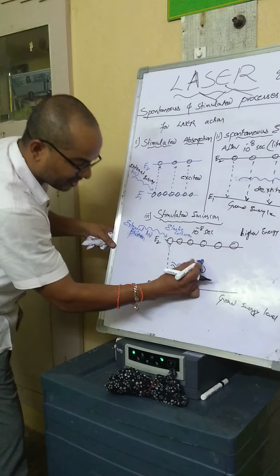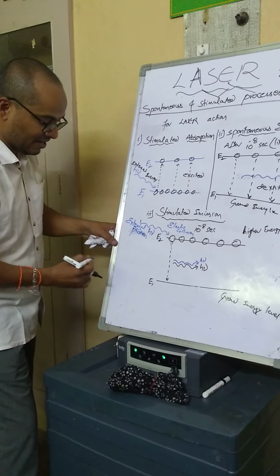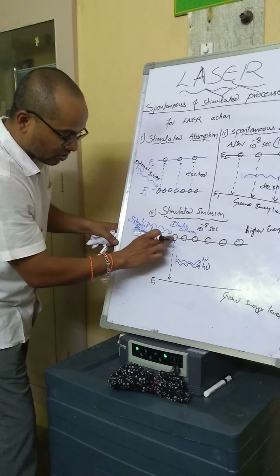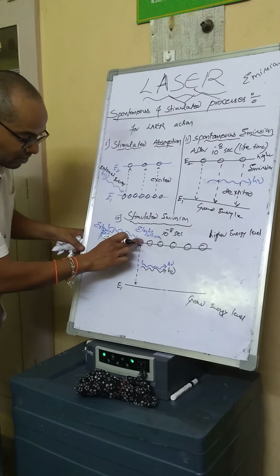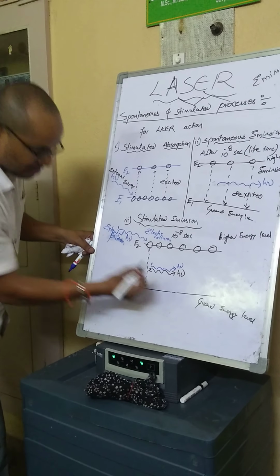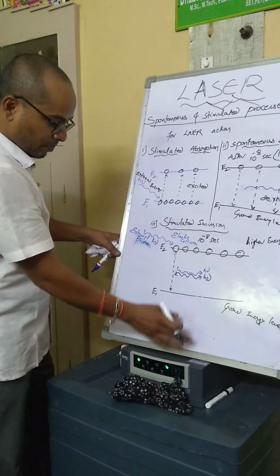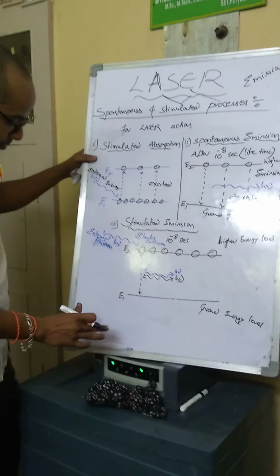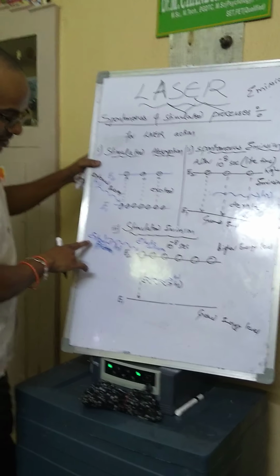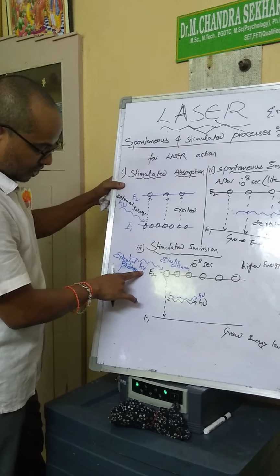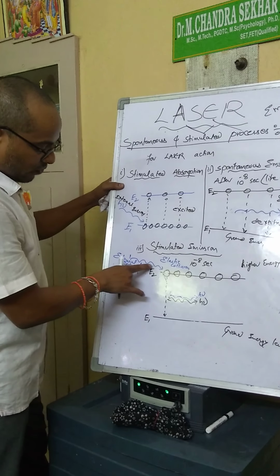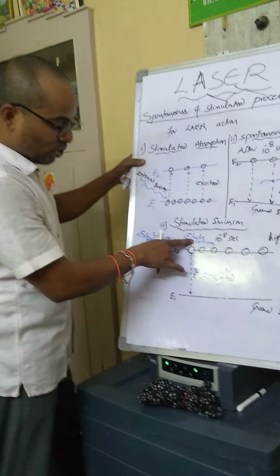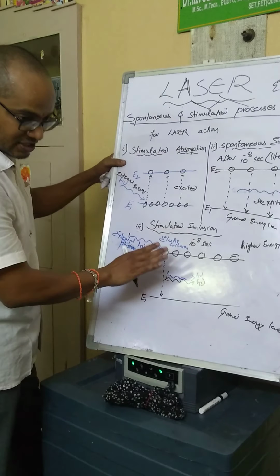So this is the photon I had sent, and if I name it, this is photon 1, and the atom which has de-excited from higher energy level to lower energy level as a result of this elastic collision gives photon 2. So please follow here. This is an important key concept in this stimulated process. I had introduced an external photon h nu, named 1, and this photon interacts with the higher energy level atom, and this interaction is a pure elastic collision, as there is no loss of energy by absorption.